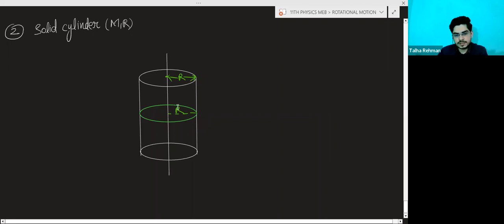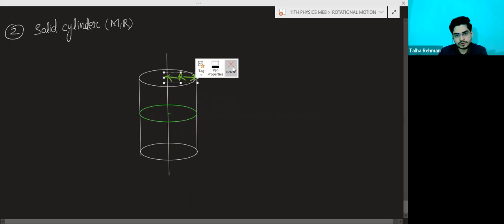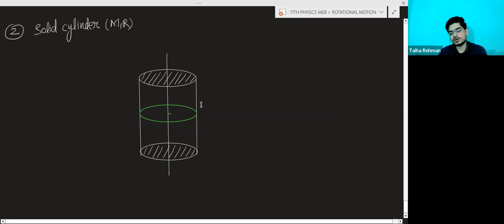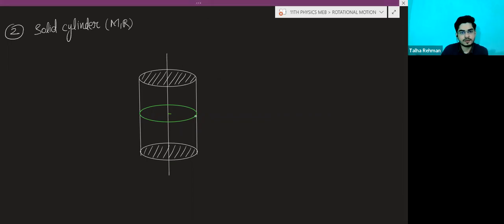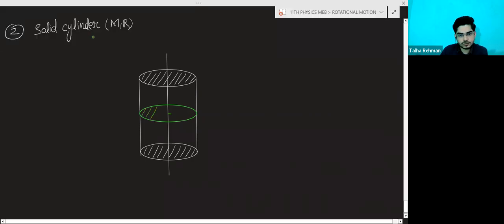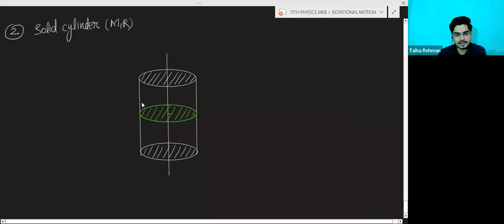So for the solid cylinder, this will be closed from here. Imagine this is a closed or solid cylinder. Here you will assume an elemental disk this time.